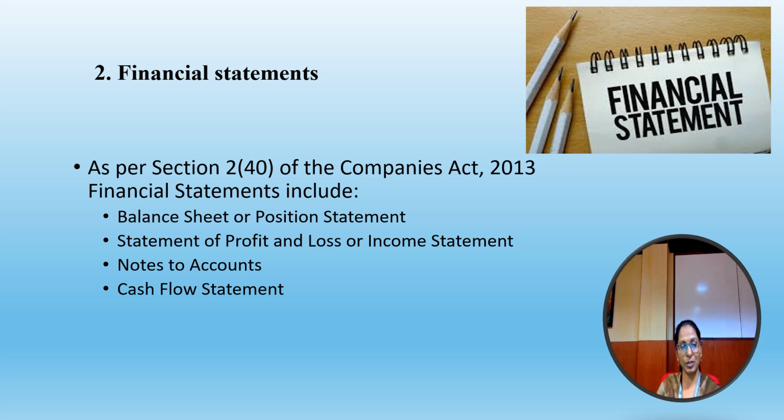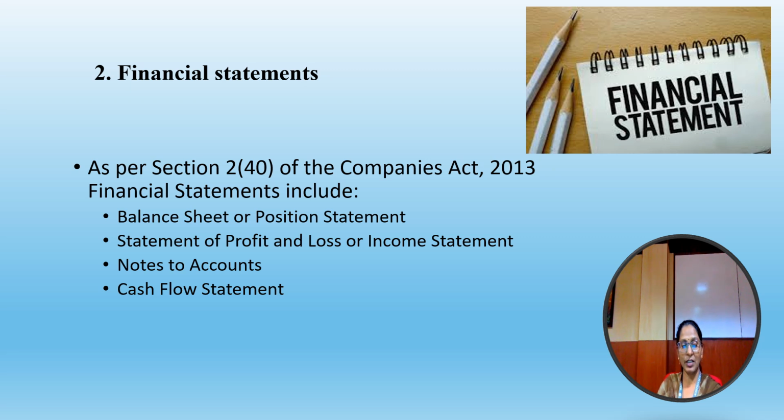So as per section 240 of the Companies Act 2013, the financial statement includes four important items, that is a balance sheet, which depicts the financial position of the organization, clearly stating what the assets and liabilities of the organization are at a given point of time, and also an income statement, or statement of profit and loss, which gives the profitability position of the organization.